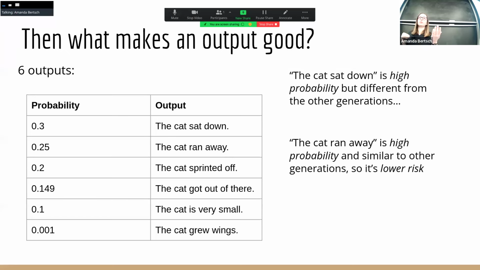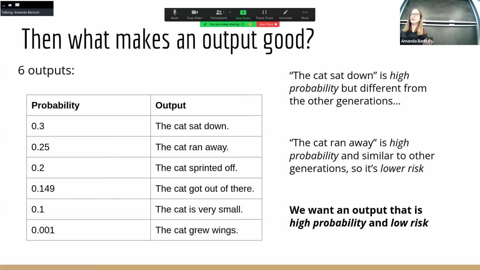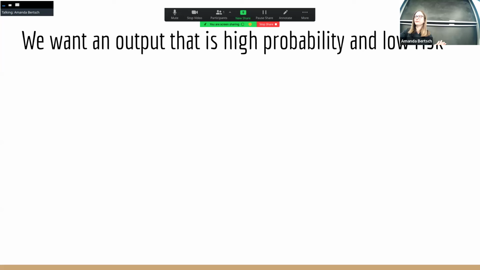And so your one friend could be right when everyone else is wrong, or they could have made a mistake that no one else is making. So this is the same concept, right? We want an output that's relatively high probability, but also relatively low risk. And so here, if we were using this criteria, we'd return the cat ran away as our single output.